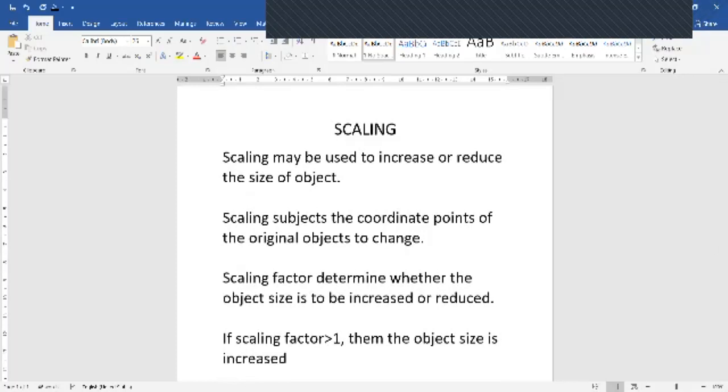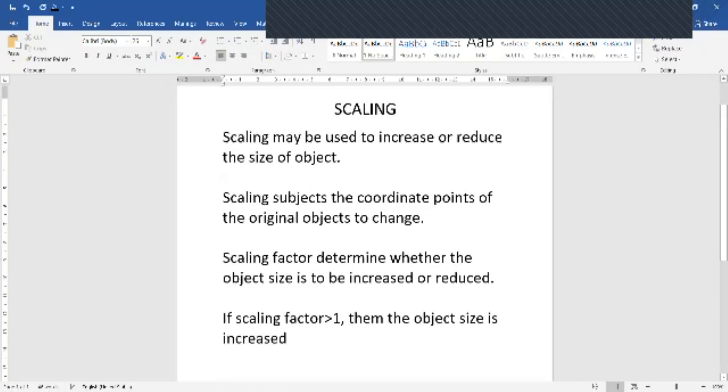So the scaling factor can be greater than 1. When we are discussing this condition, then there must be another condition where the scaling factor will be less than 1. So remember that if the scaling factor is greater than 1, it means the object size is increased.